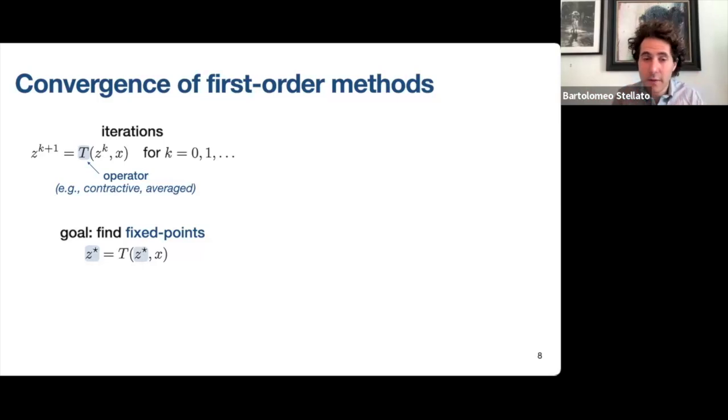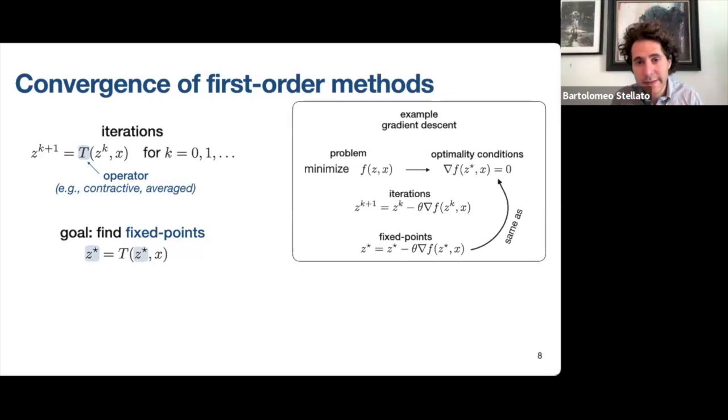And remember, we're solving convex optimization problems that are parameterized by x, which means in the very simple case, let's say that I want to solve an unconstrained problem using gradient descent. Just for simplicity, the problem is minimize f of z comma x, given x. So the optimality condition is simply that the gradient at z star is equal to 0. The way to solve this problem using gradient descent is to apply an iteration where we take zk, we take a step in the negative gradient direction, and then we get zk plus 1.